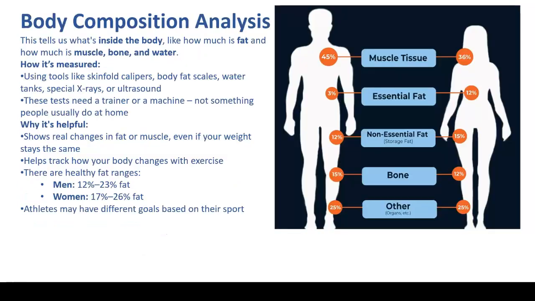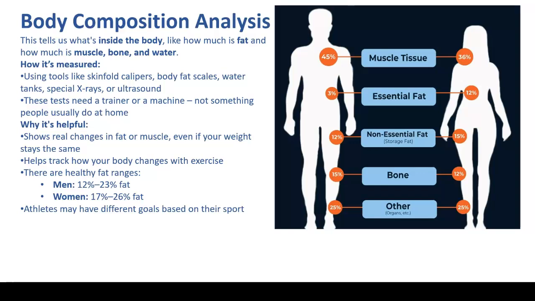Body composition analysis tells us what is inside the body, like how much fat, how much muscle, how much bone, and how much water we have. How is it measured? Basically, using tools like skinfold calipers, body fat scales, water tanks, special X-rays or ultrasound.